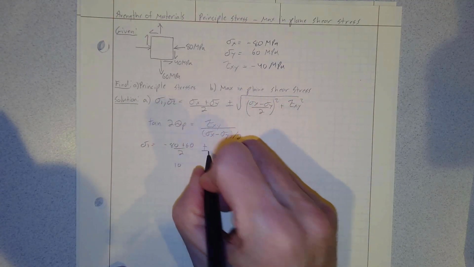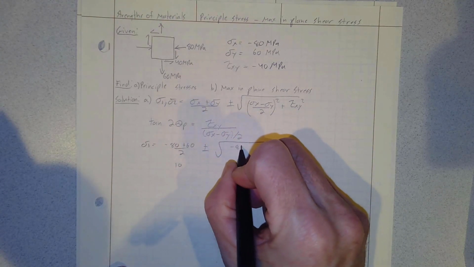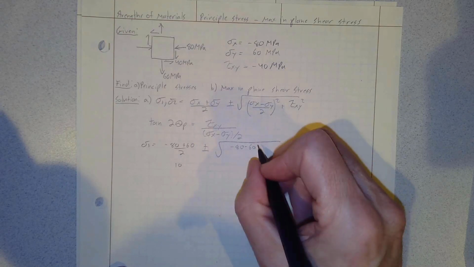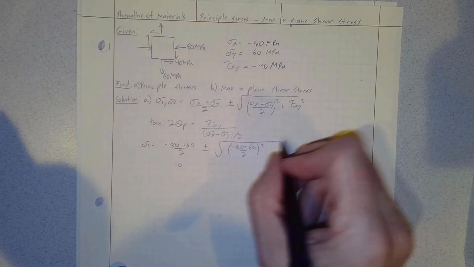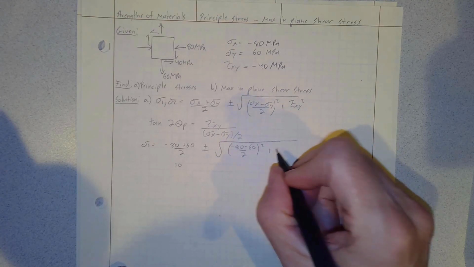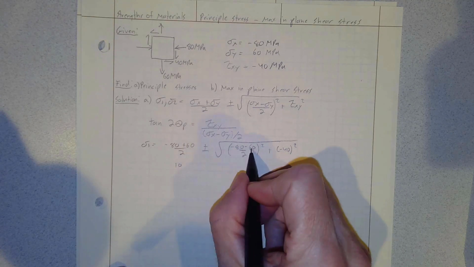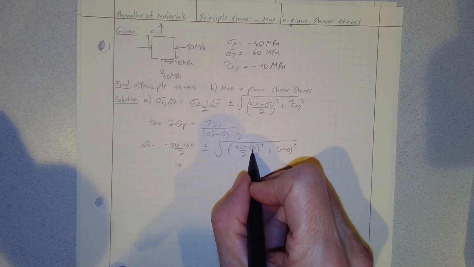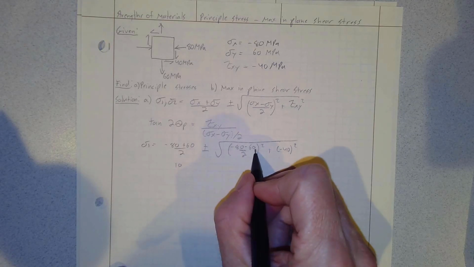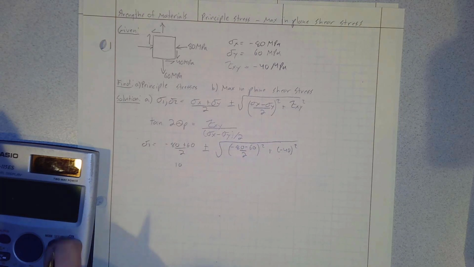And then plus and minus the square root of negative 80 minus 60 divided by 2, squared, plus negative 40 squared. So negative 80 minus 60 is negative 140, divided by 2 is negative 70 squared, so that's not something I can do in my head. Let's come up with an answer in the calculator.